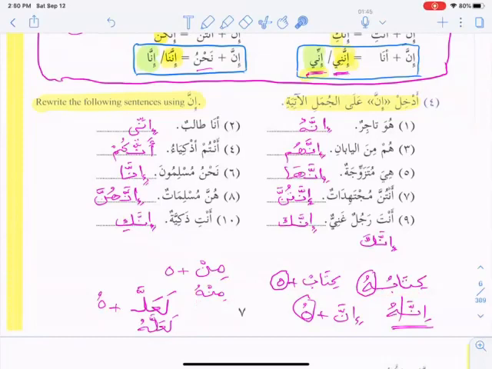Now here comes another thing that I must write, and I say to you, huwa. This is a pronoun. It will always be separate. Huwa. So this is munfasil. And it will always be marfu.